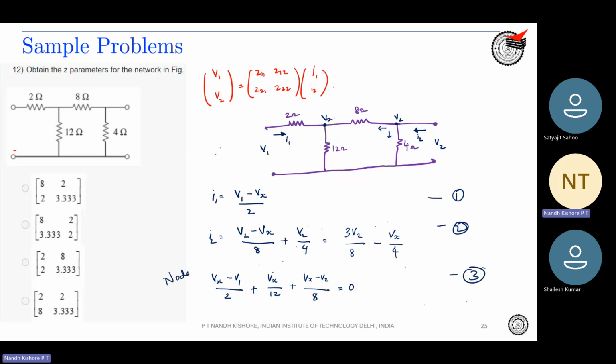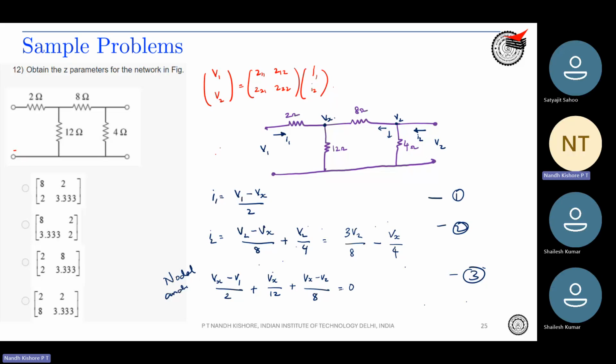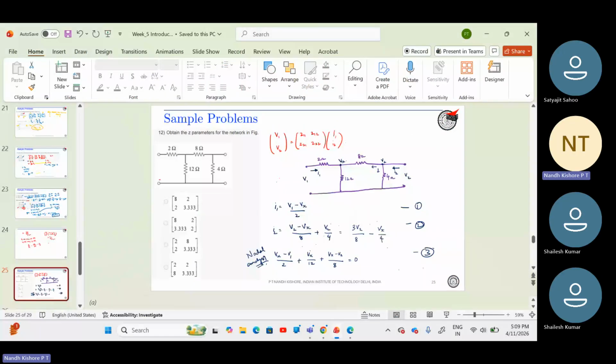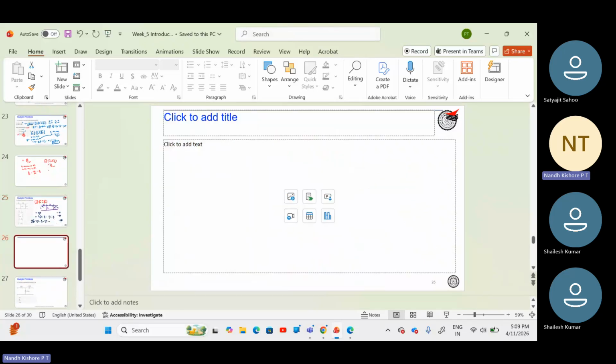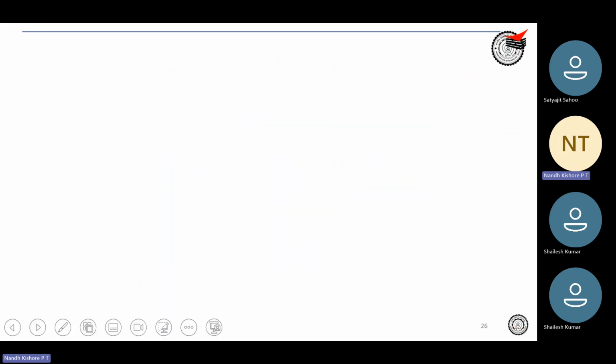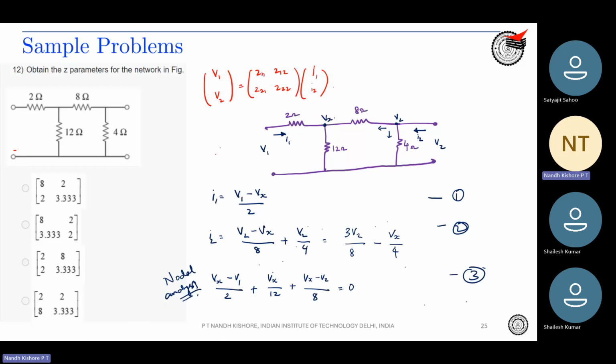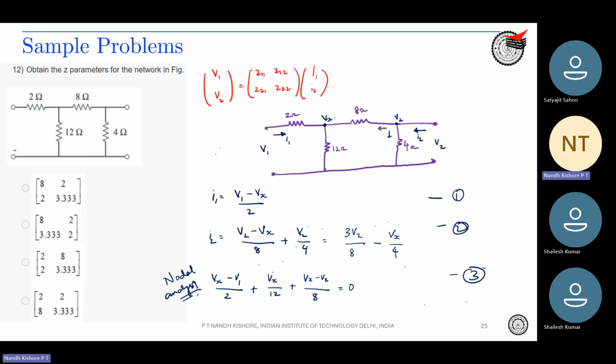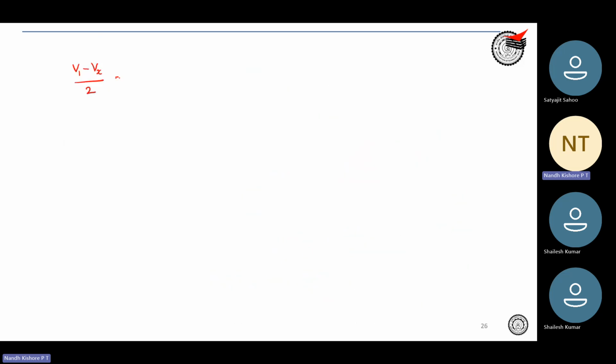So this is from nodal analysis. Again V1 minus Vx divided by 2 is equal to I1.